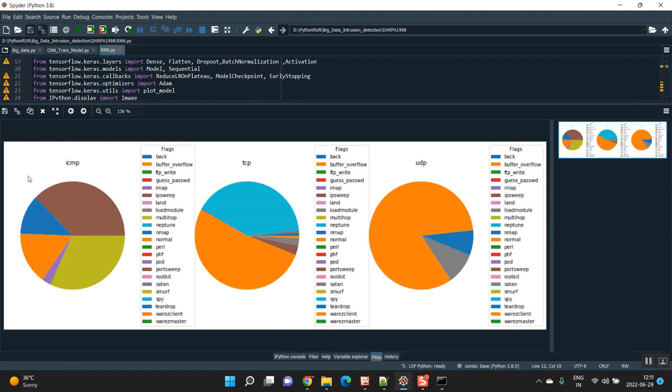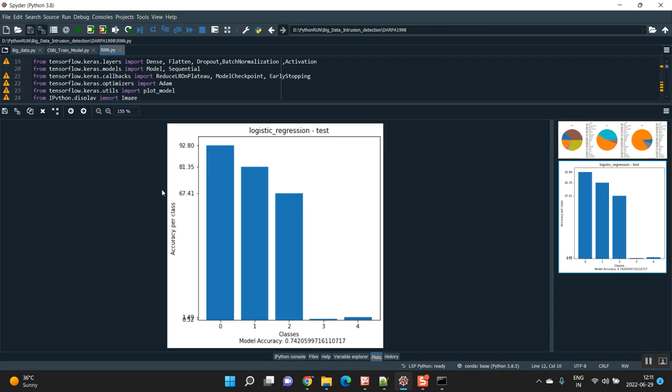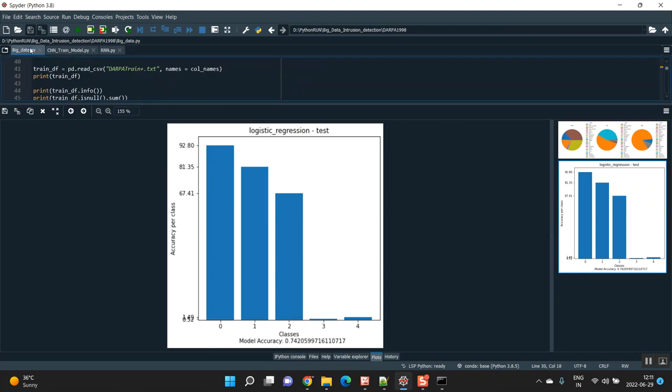So you may see here, based on the protocol, what type of flag, based on ICMP, TCP, and UDP. And here also I had imported the accuracies for logistic regression. I am calculating classes 0, 1, 2, 3, 4 totally, based on U2R and R2L, the things which we had already imported.